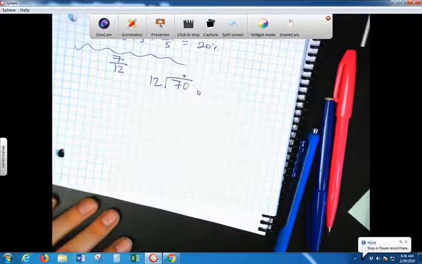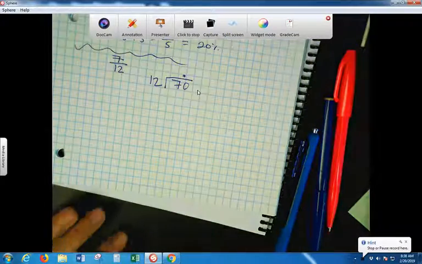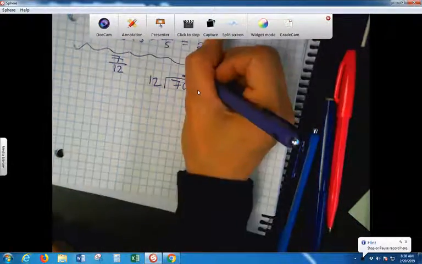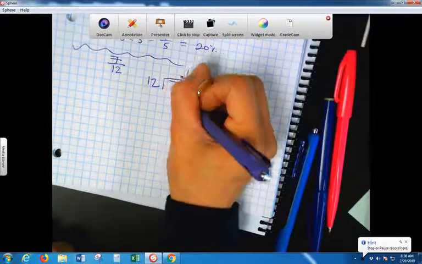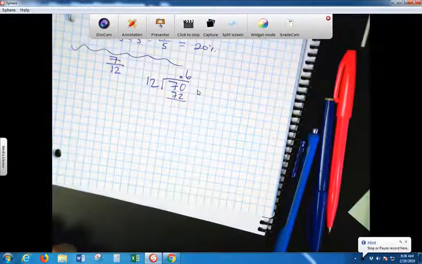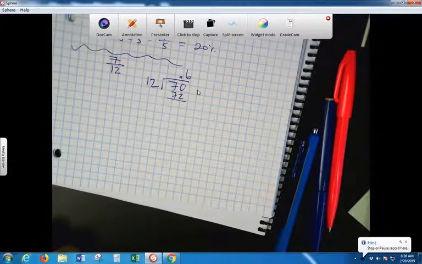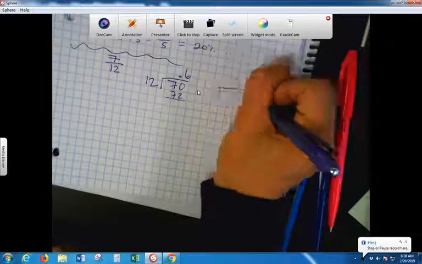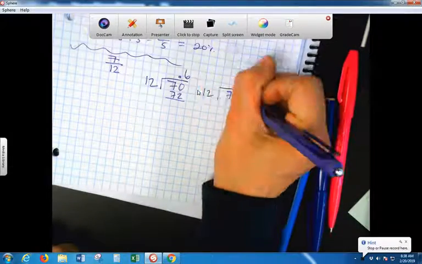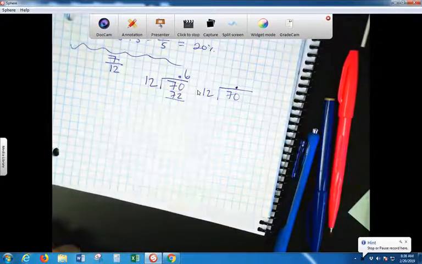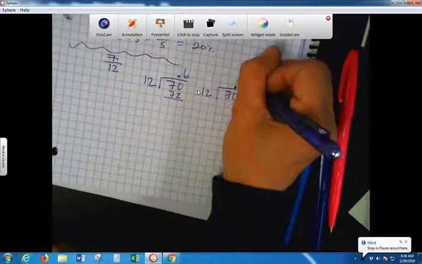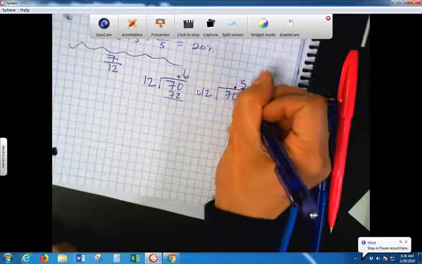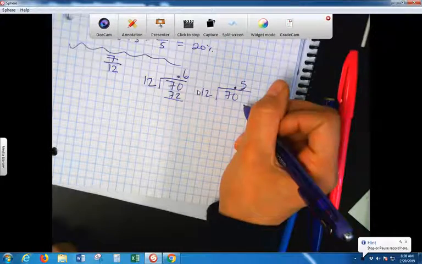How many times does 12 go into 70? 6? What's 6 times 12? Does that work out? No, right? How many times does 12 go into 70? 5. That gives you what? 60.